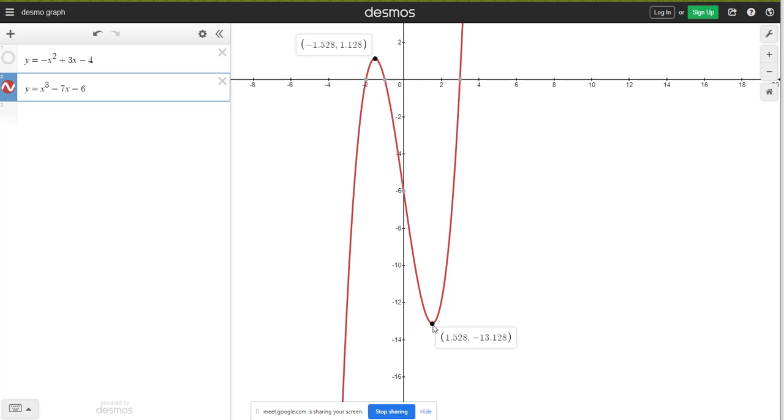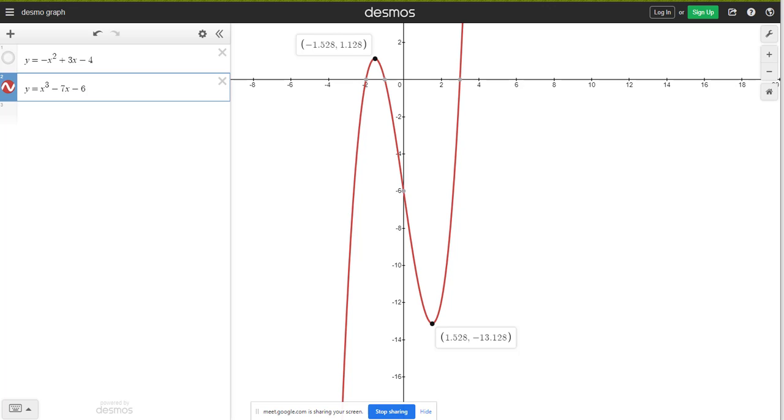And at this point here, at 1.528 and negative 13.128, we have a relative minimum point. It's only relative because at the extremes, the graph keeps on going in the negative and the positive direction to infinity. So that makes these just relative maxes and mins.